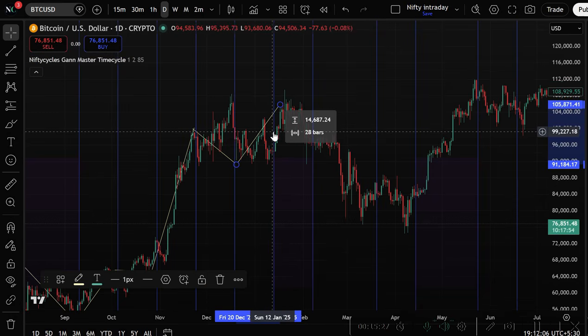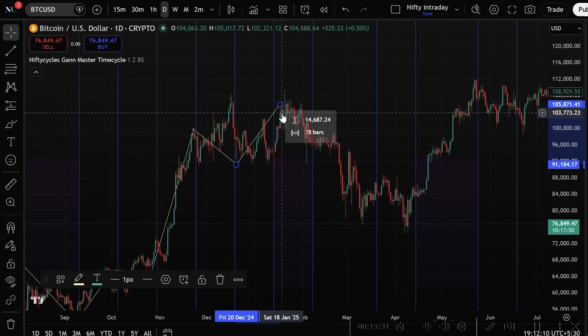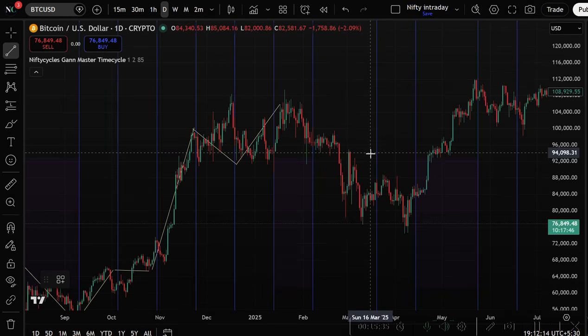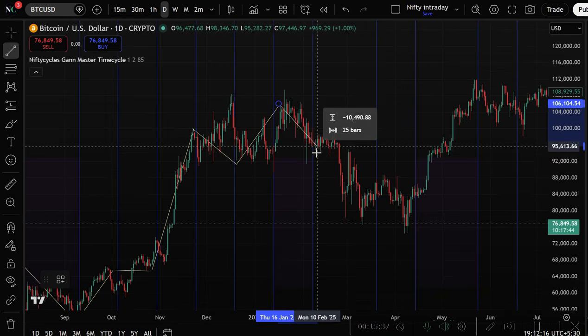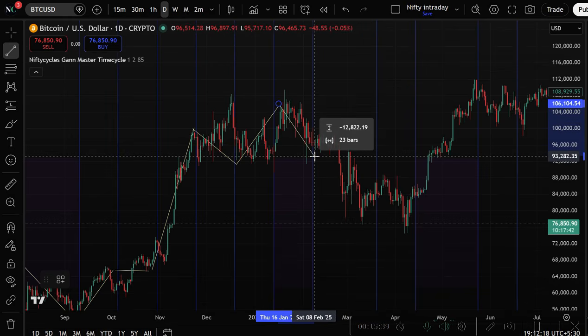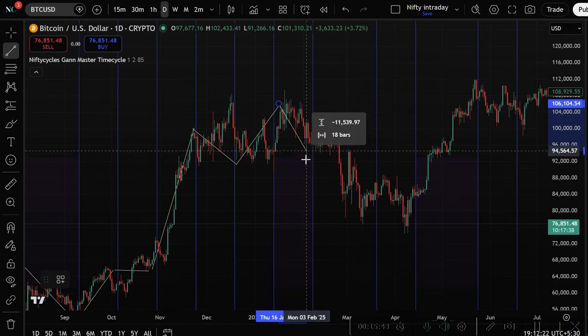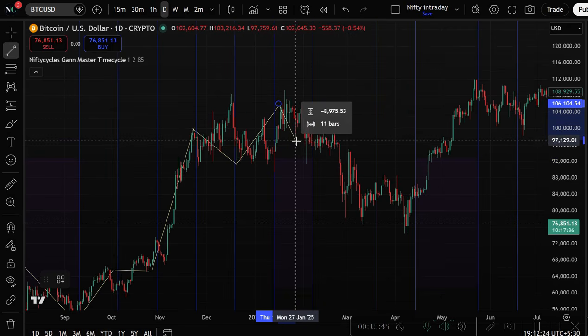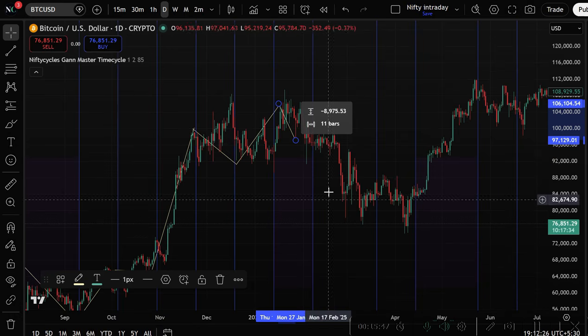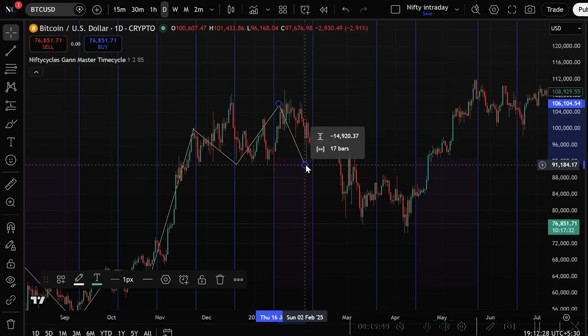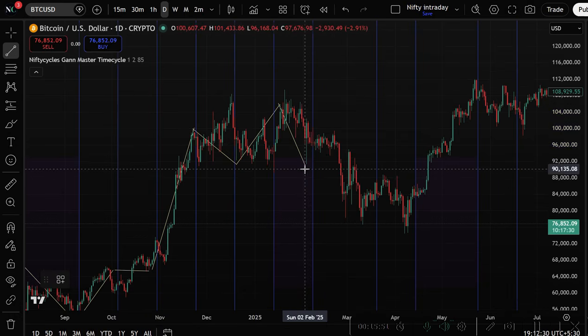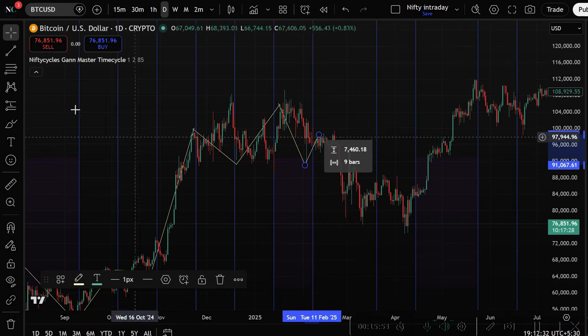We are supposed to get the low on 13th Jan and we got it on 18th Jan. 5 days is fine. To low. Did it invert again? High to maybe this low to this high, most probably, right?